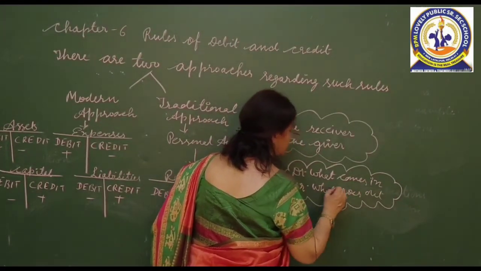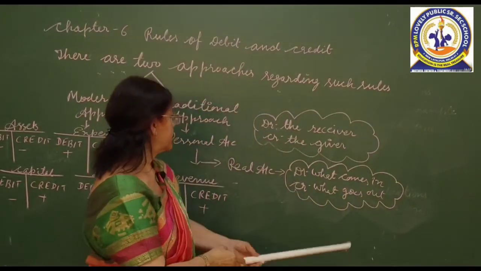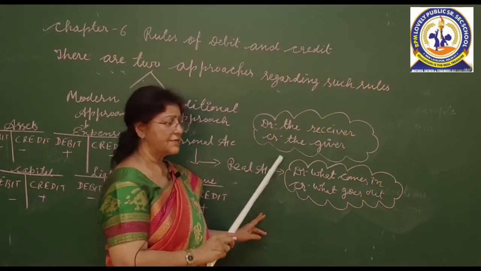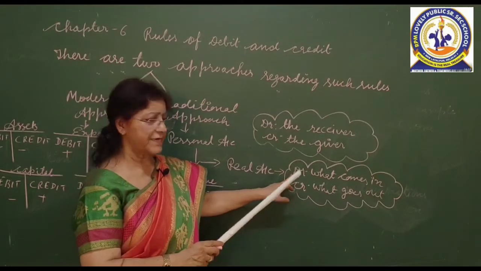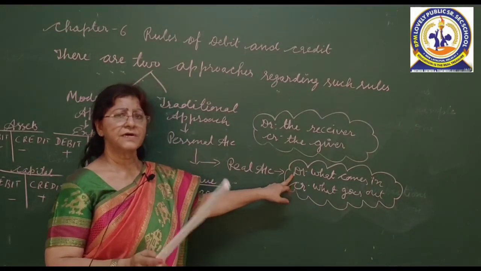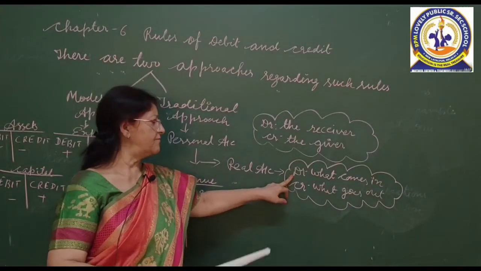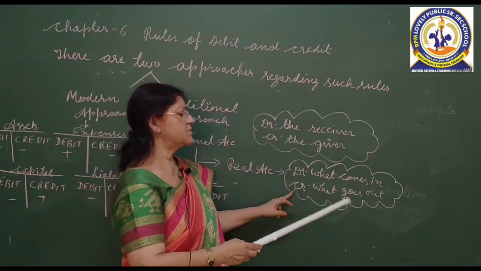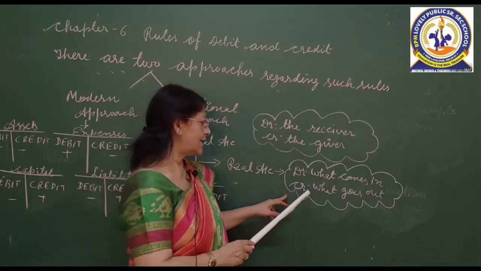Credit what goes out means, as real account belongs to all assets, the asset which we are getting, the asset which is coming into our firm will be debited. The asset which is going out will be credited.